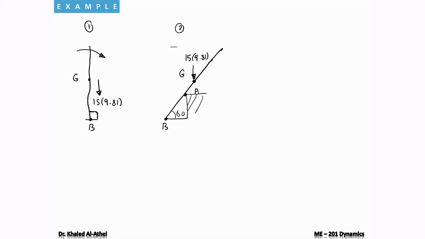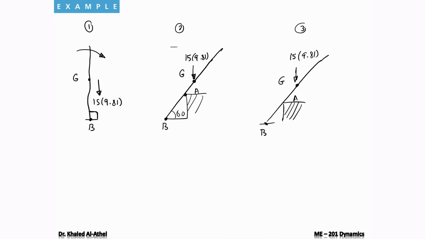I'm just drawing the diagram showing the location of each one. Now, position 2, and then position 3 is going to be almost the same as position 2, but there's a difference that I will discuss right now. Okay. So again, this is point A, and then here the center of gravity G, and you have 15 times 9.81.